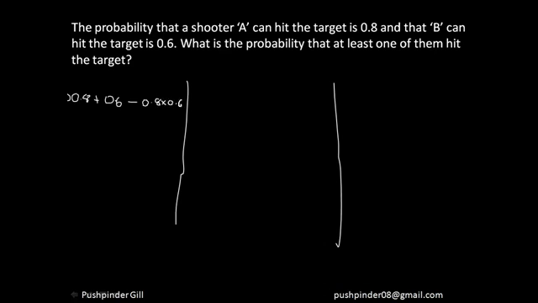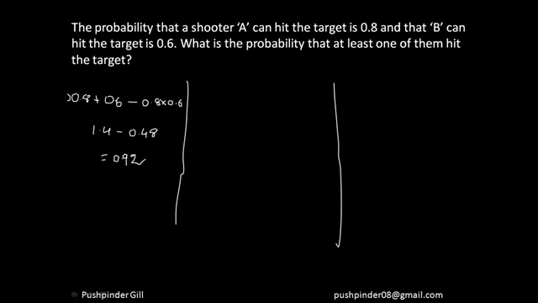So this is nothing but 0.8 plus 0.6, that is 1.4, minus 0.8 times 0.6, that is 0.48, right? So if I calculate that, this is nothing but 0.92, right? So I got my answer here.